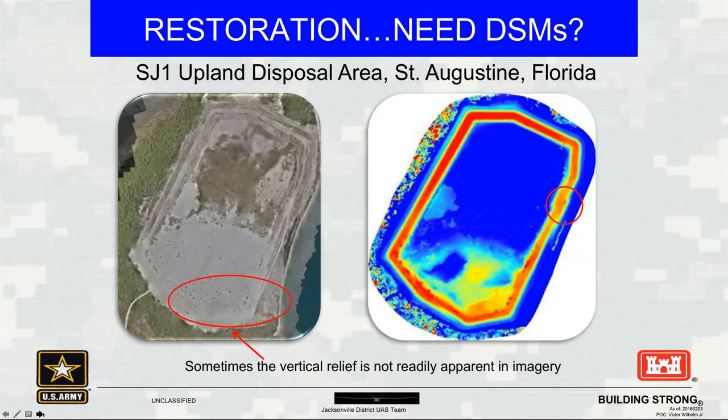So what Vic and his team were also able to extract from these images were some digital elevation models based on the point cloud data that was extracted from the images.